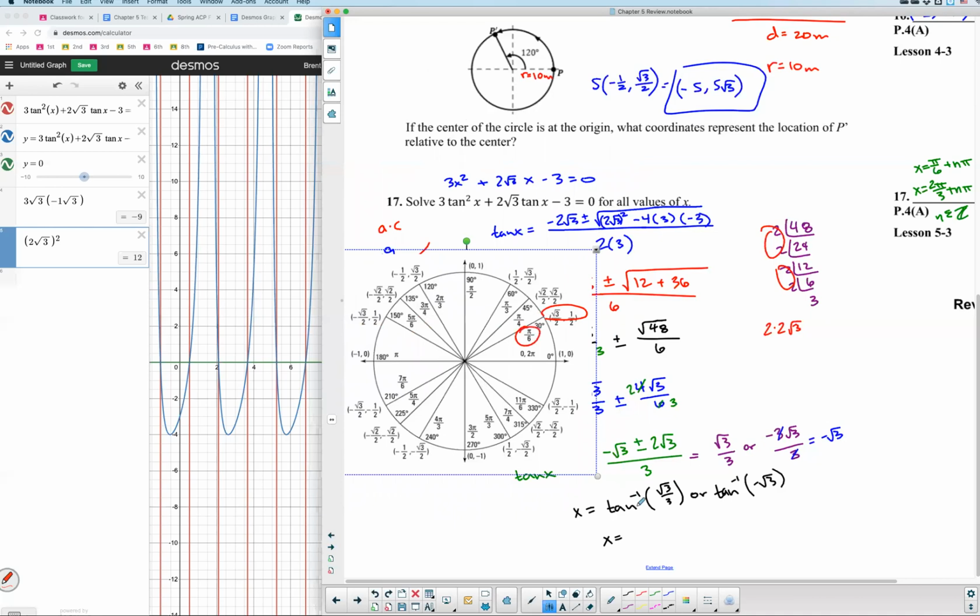Happens at pi over 6. And it repeats. And then when tangent is negative, that's when y is negative square root of 3, x is 1, or vice versa, with the negative, which is right here, 2 pi over 3.